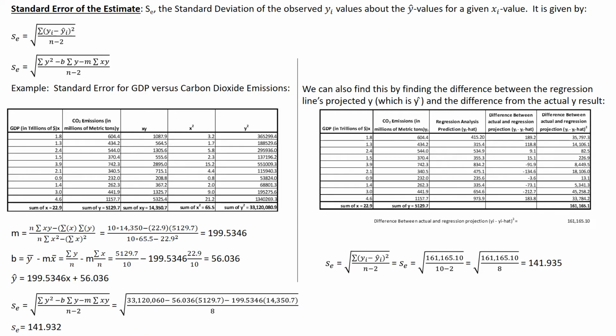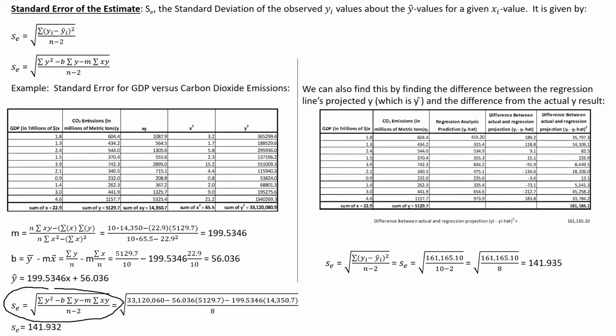Now, to determine this, I want to show you some things here. We can look at the standard error for GDP versus carbon dioxide as before. There are one of two ways of looking at it. We can find the slope, and the standard error is this equation right here. Standard error is the square root of the sum of y squared minus b, which we found before, times the sum of y, minus slope m times the sum of xy, all over n minus 2.